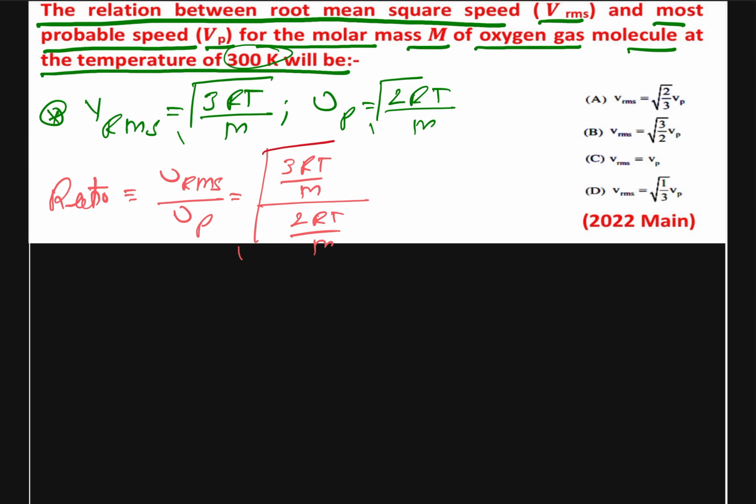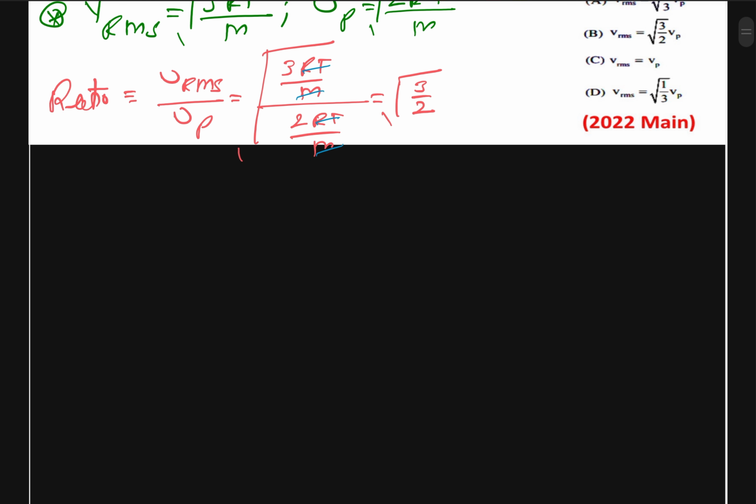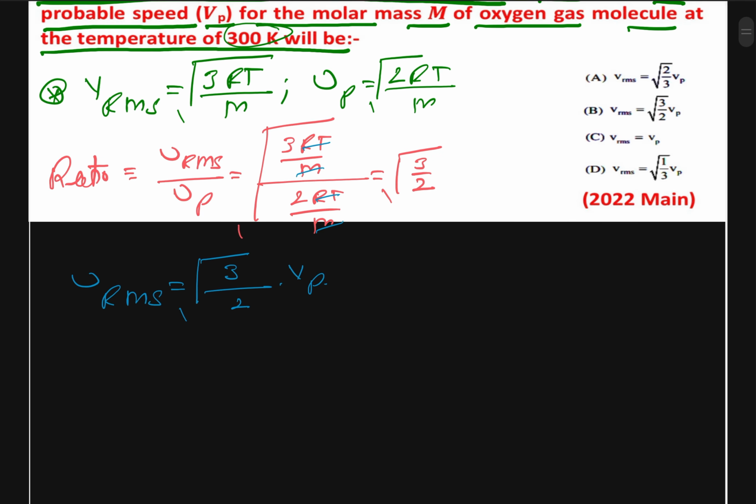RT and m cancel out, and this comes as the square root of 3 by 2. So VRMS is equal to the square root of 3 by 2 multiplied by Vp. Option B is correct.